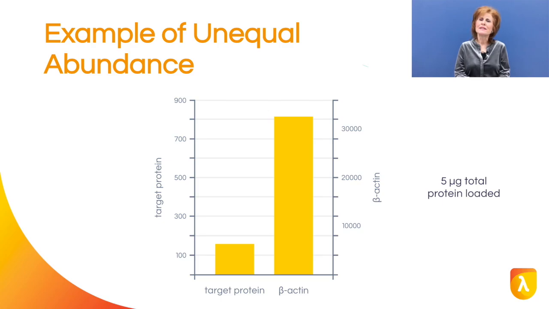When the abundance of the target and internal control are quite different, as shown in this graph, the linear range of detection and optimal sample loading will also be very different. This discrepancy makes quantitative analysis much more difficult and inaccurate.